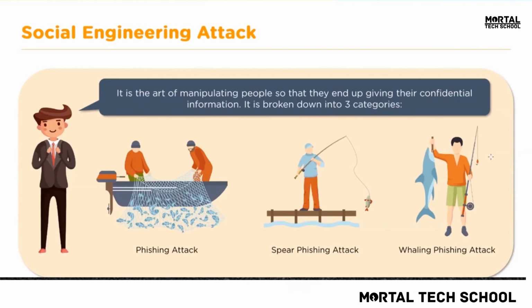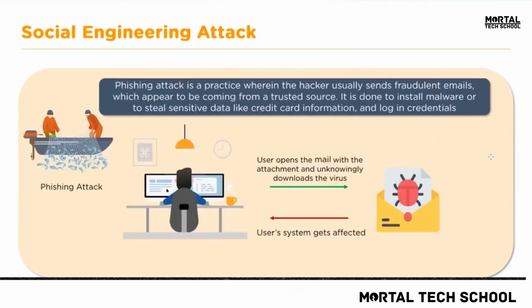All of these are types of social engineering attacks where you're targeting a user by sending out fake mails or fake websites and their gullibility into clicking on those links and then giving out information. So what is a phishing attack? It is a practice wherein a hacker usually sends fake mails which look really genuine, or hosts fake websites which also look genuine and looks like they're from a trusted source.